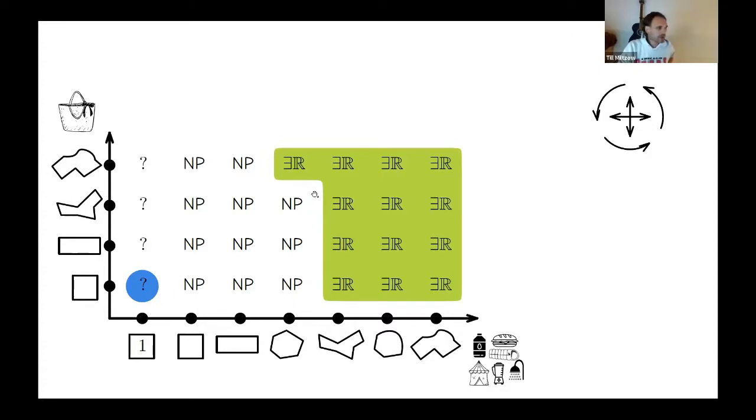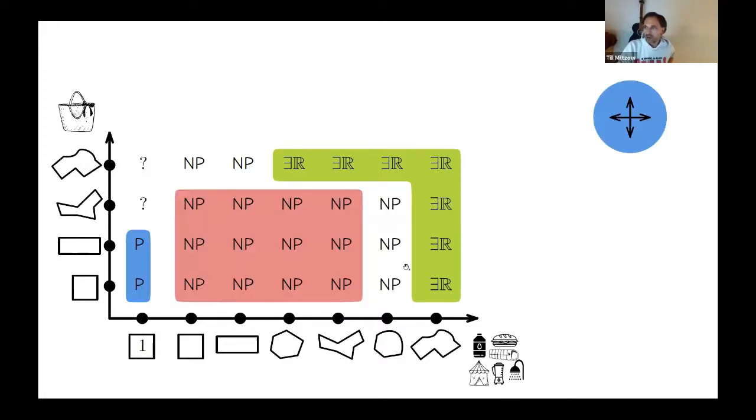Can you see my mouse? Yes. Those problems are ETR complete. But for those we thought about, they may lie in some other complexity class, because here we can encode concave constraints, but not convex constraints.